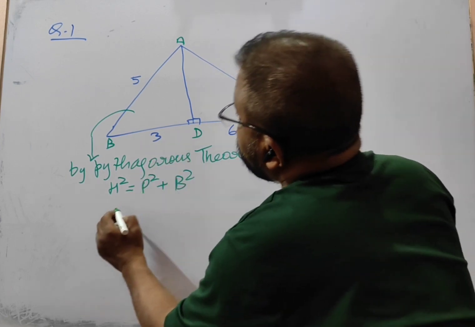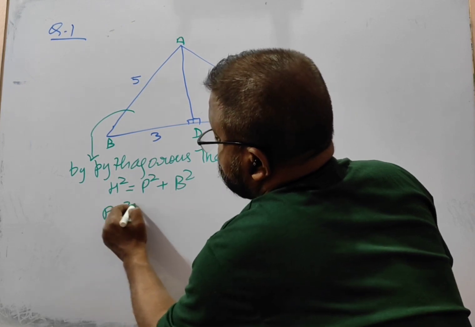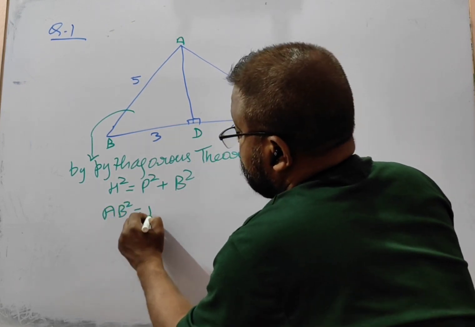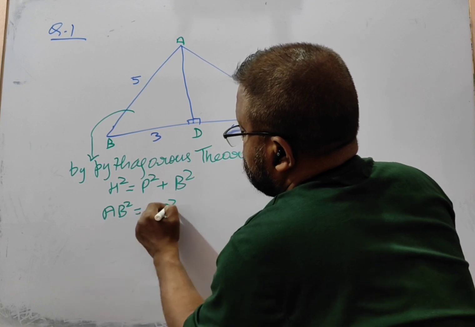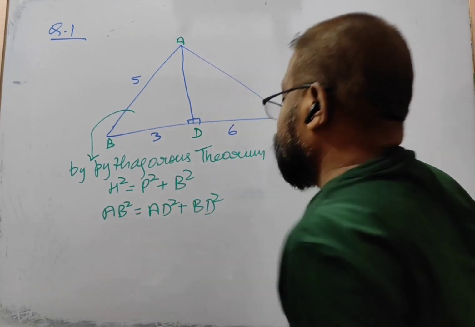Or we can say AB square is equal to AD square plus BD square. Right?